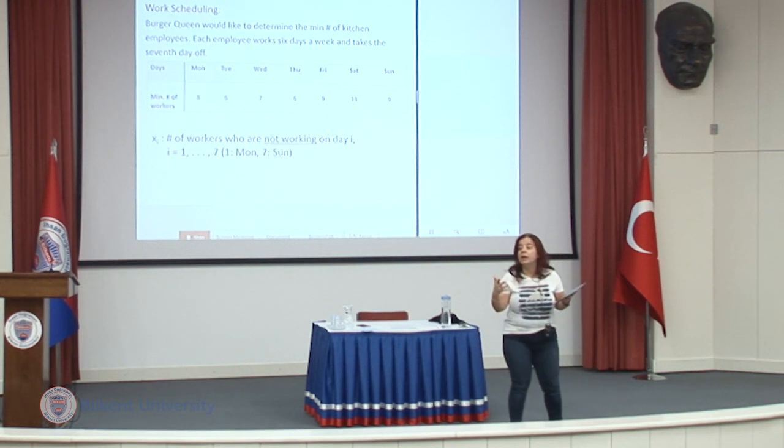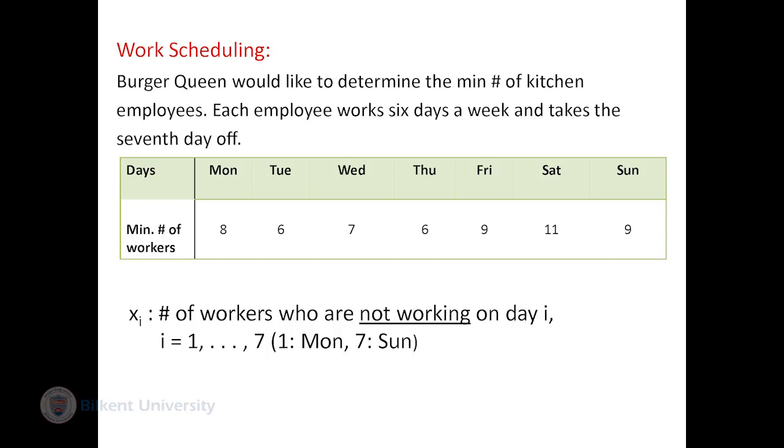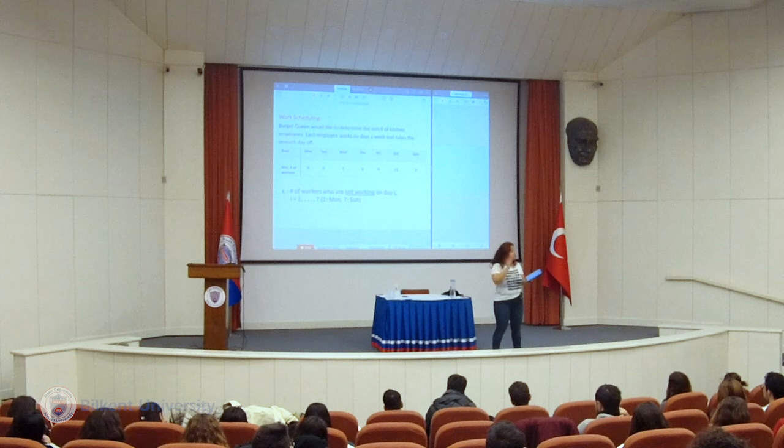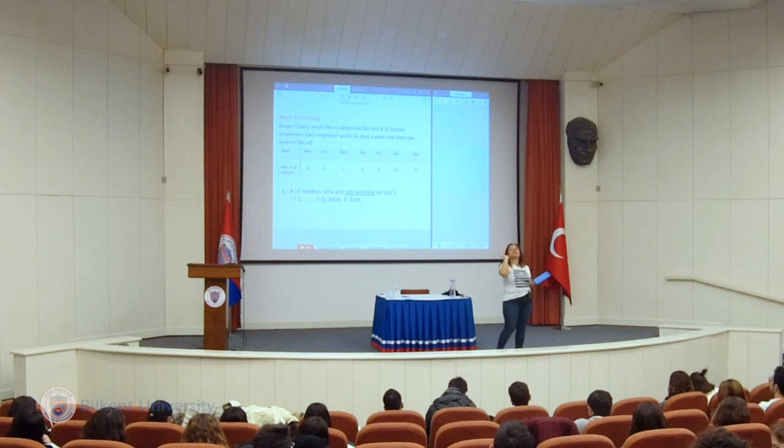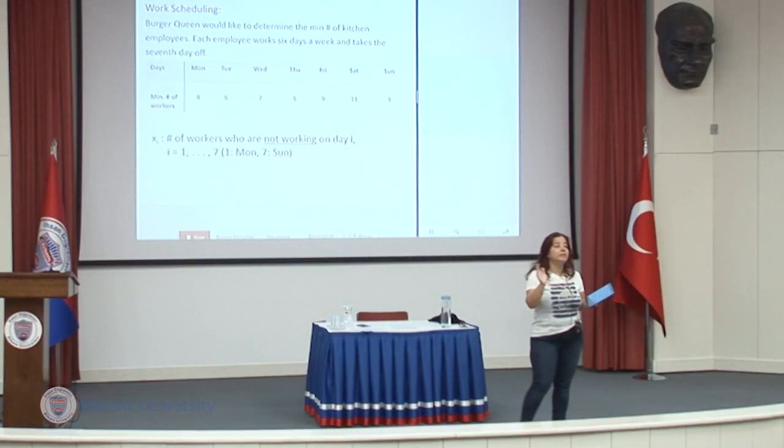Doable, but requires additional thingies. But if I just say, okay, if x3 determines the number of workers who are not working on Wednesday, then those x3 are actually working on the other days. x2 can also work on the other days, because x2 is only telling me the number of workers who are not working on Tuesday. Then they're working in the rest of the days. Yeah?